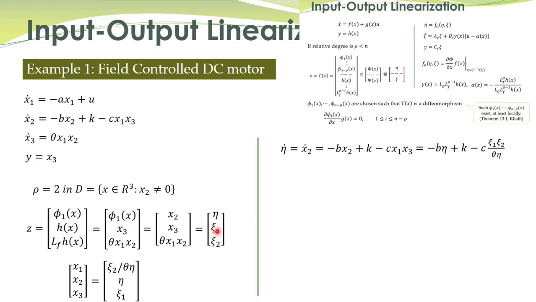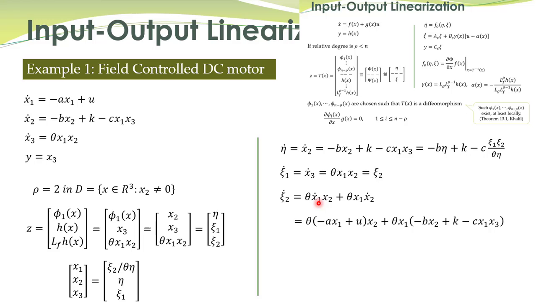And now xi1 is equal to x3, therefore xi1 dot is equal to x3 dot, and x3 dot is given from this equation theta x1 x2, and this theta x1 x2 is by definition equal to xi2, and xi2 dot is given from here. After substitution of these derivatives we have this equation, which can be rearranged to write it in this particular form.